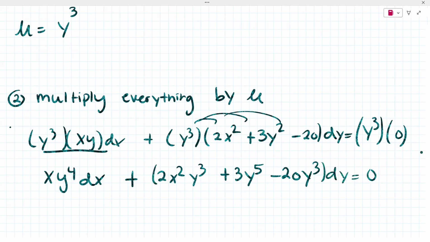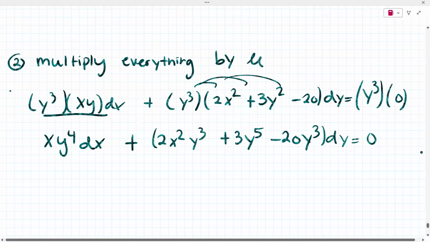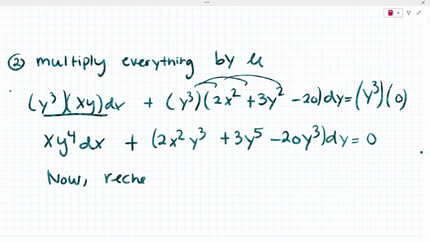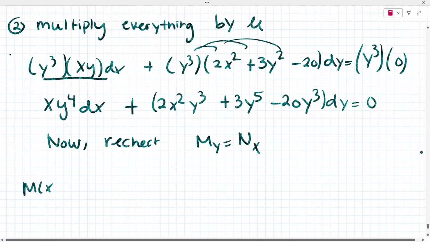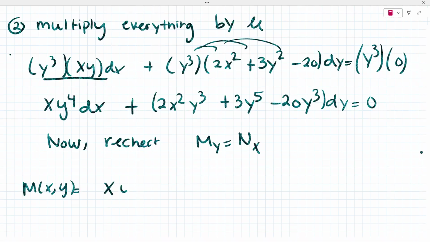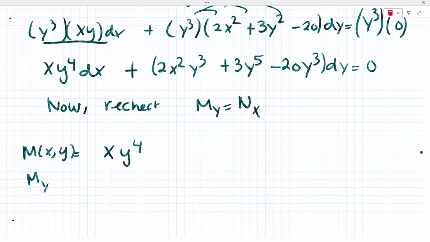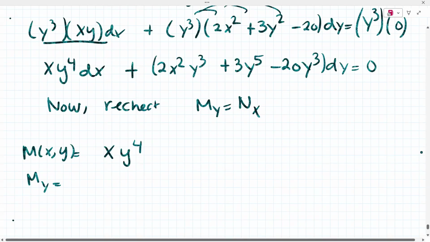Equals 0. Now recheck. Does M of y equal N of x? My M of x, y is x y to the fourth, so my M of y is 4x y to the third.